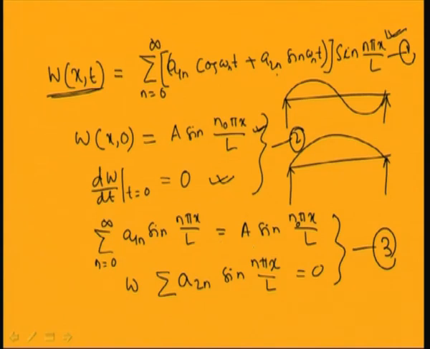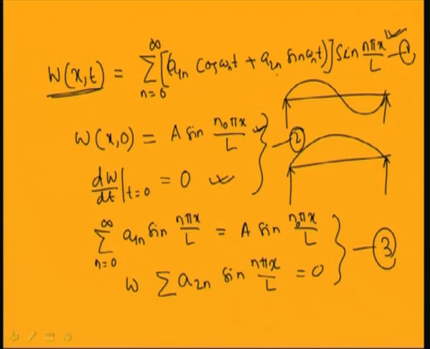These equations will be valid if and only if n is equal to n0, because on the left hand side you have sin(n pi x/L) and on the right side you have sin(n0 pi x/L). So A1n will be equal to 0 for n not equal to n0, and equal to A for n equal to n0.